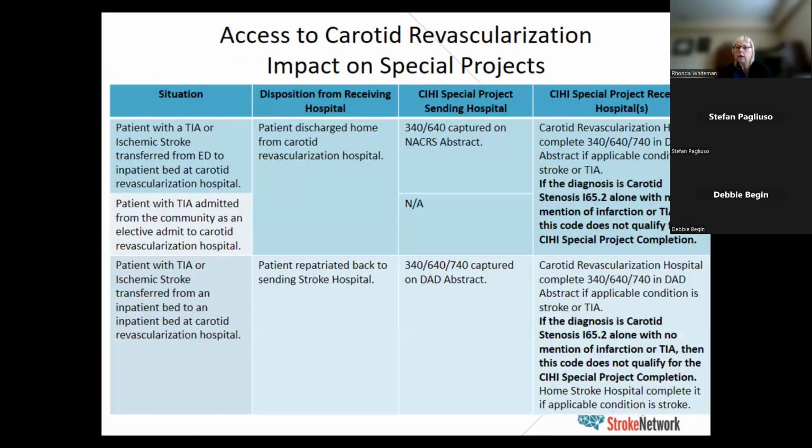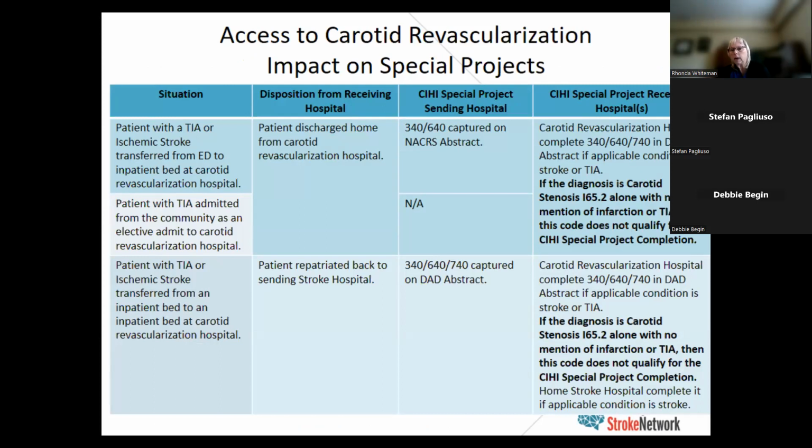And so in this situation, the patient flow across our region varies with how patients may get to the carotid revascularization hospitals. Sometimes we know patients who present with a TIA or minor stroke are transferred directly from the ED to an inpatient bed at the carotid revascularization hospital.